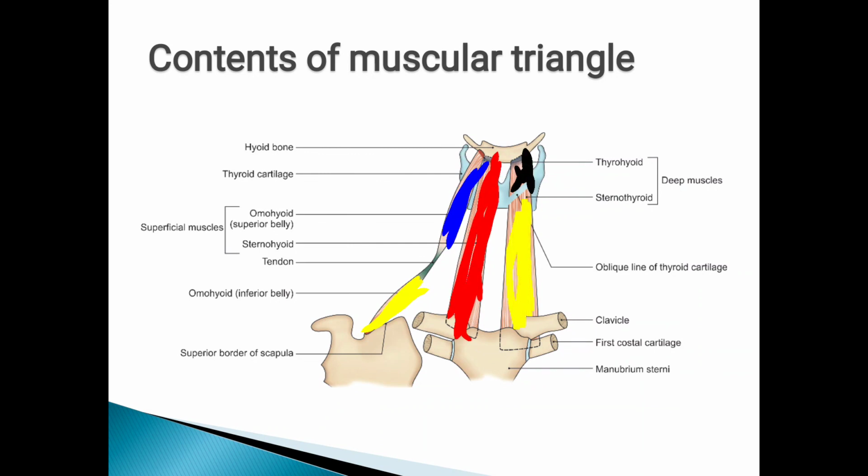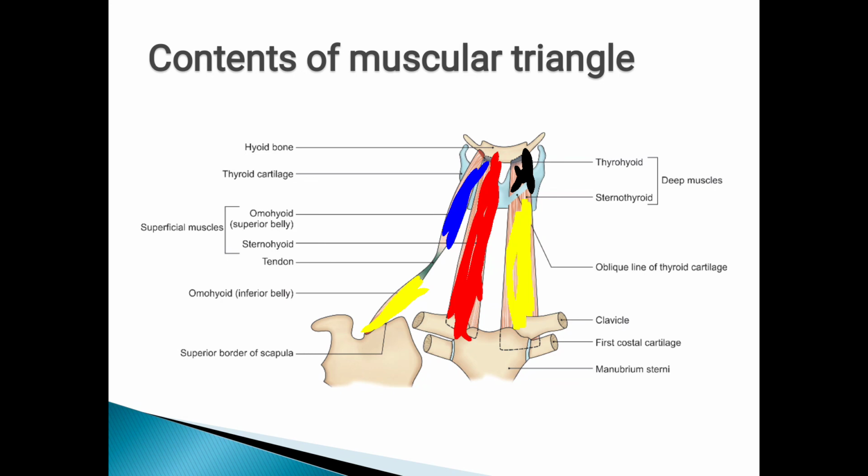The sternothyroid muscle is present between the sternum and the thyroid cartilage, and the thyrohyoid muscle is present between the thyroid cartilage and the hyoid bone. So these muscles form the contents of the muscular triangle, and these muscles form the floor of the muscular triangle.